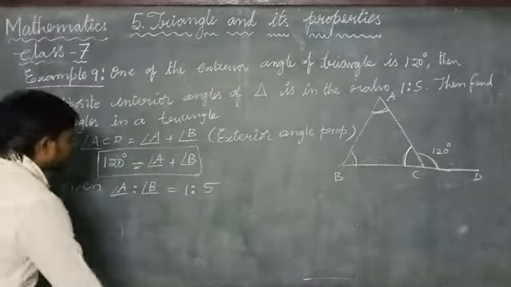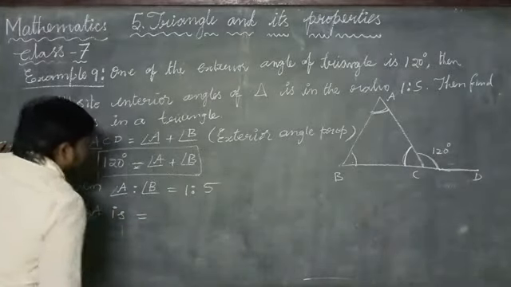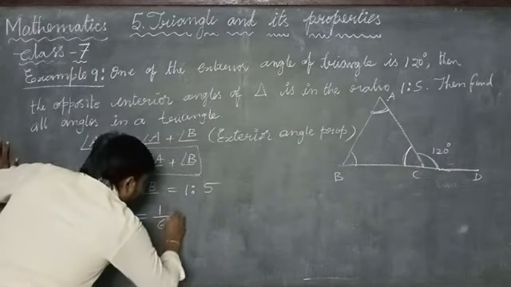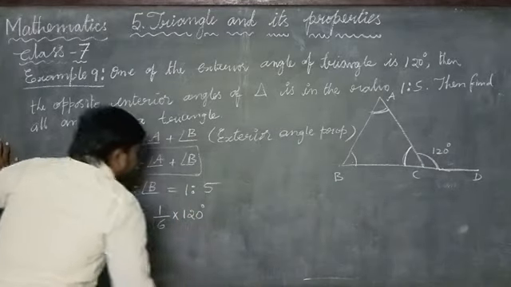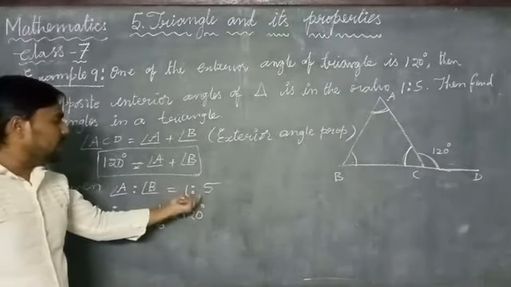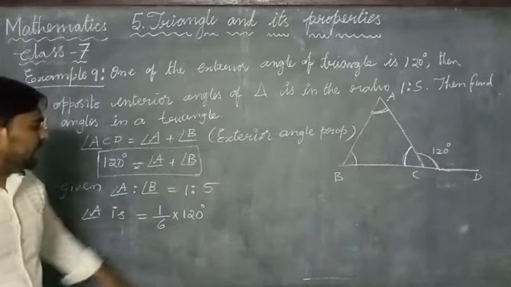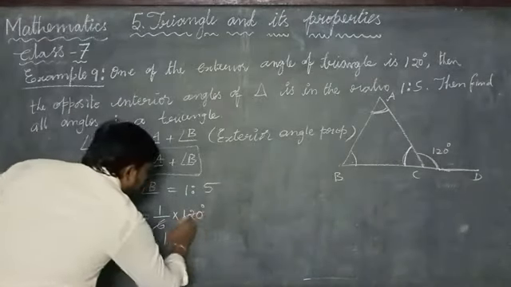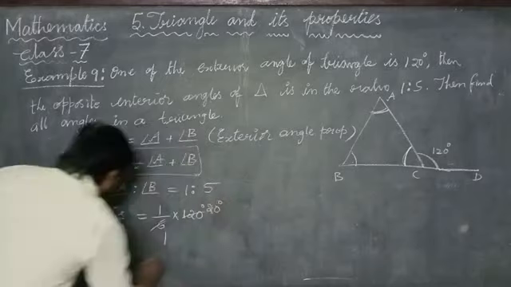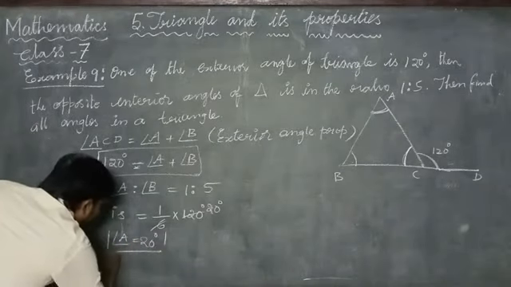Okay, from that the angle A is 1/6 into 120 degrees. The sum of all parts in the given ratio is 6. Angle A is 1/6 into 120 degrees. Here angle A equals 6 ones are 6, 6 twenties are 120. Then we can write angle A equals 20 degrees.